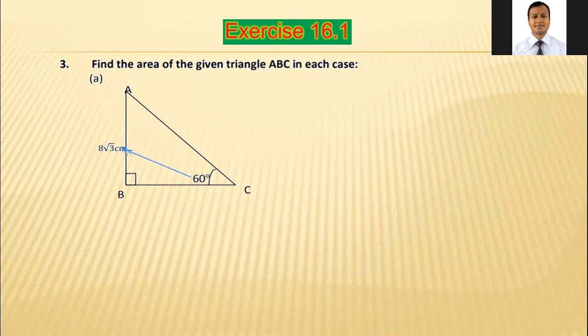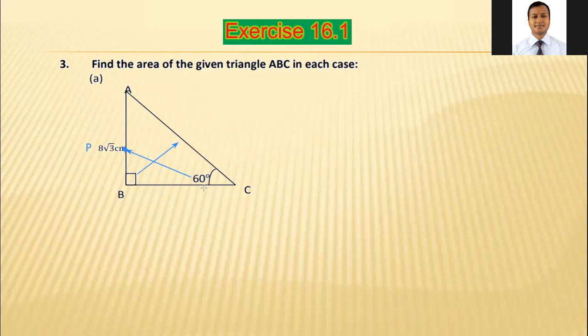If the triangle is a right angle triangle, the side opposite to the given angle, or the side opposite to the reference angle, what is its name? We discussed about it in grade 9 also. What is it called? Perpendicular. It is perpendicular. Okay, you know it. And the side opposite to 90 degree is hypotenuse.